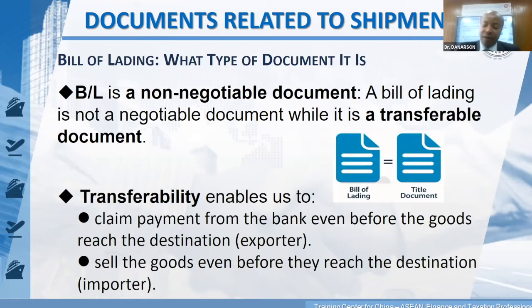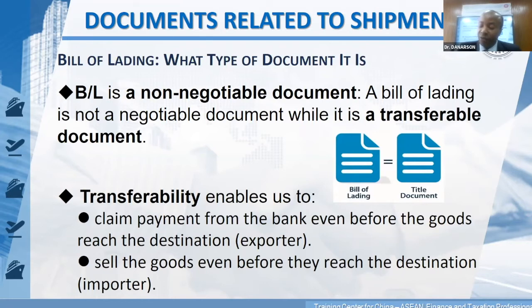In fact, if you have an original copy of a bill of lading sent to you and you want to clear the goods from customs, you can do that using the bill of lading.